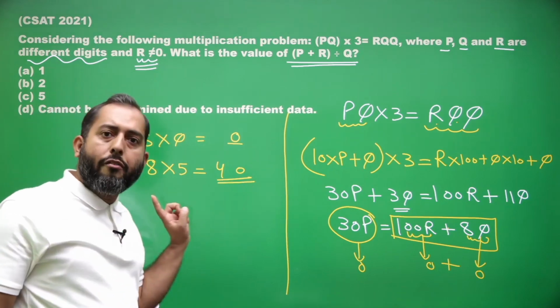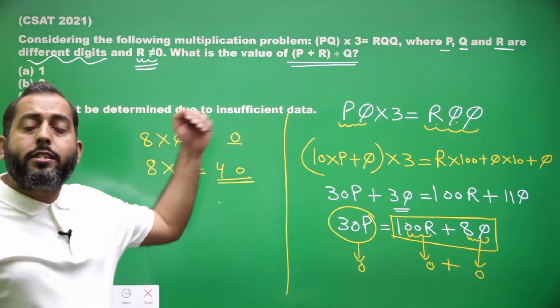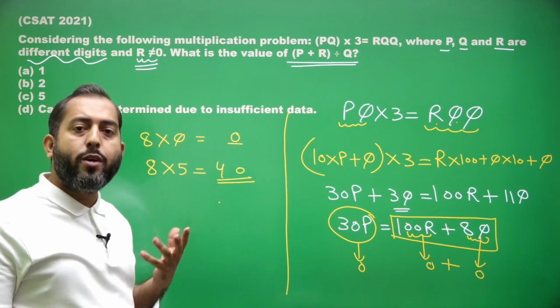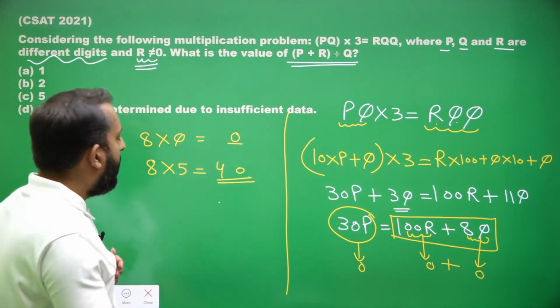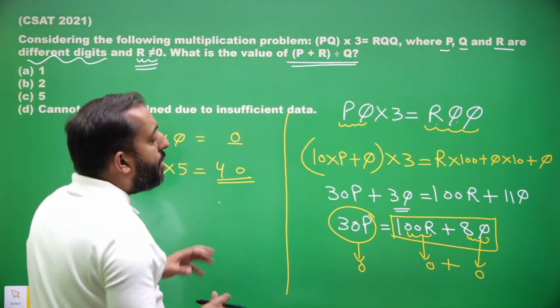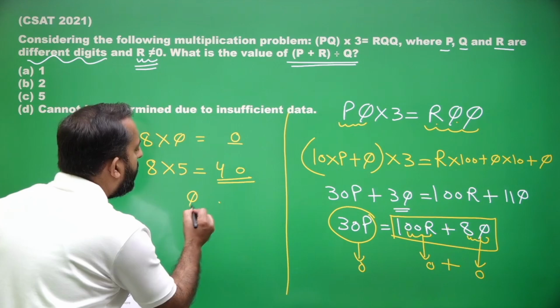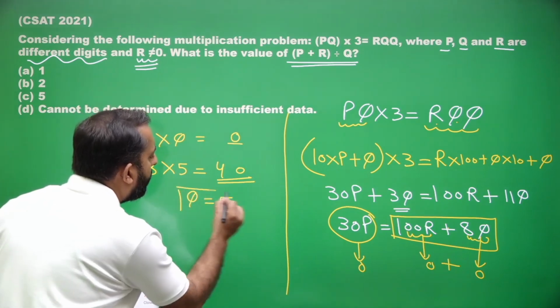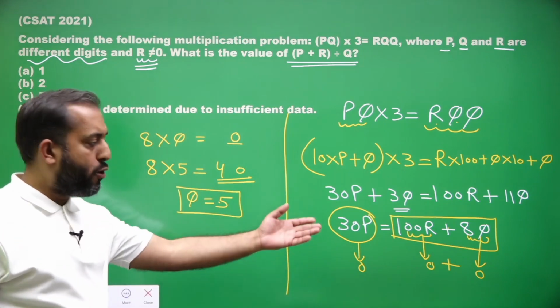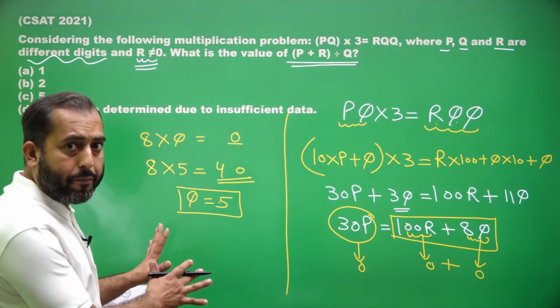In the table of 8, no other single-digit value when multiplied with 8 will produce 0 as the units digit. So the only possible value of Q is 5. I hope this is clear.